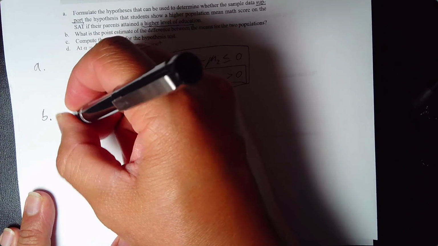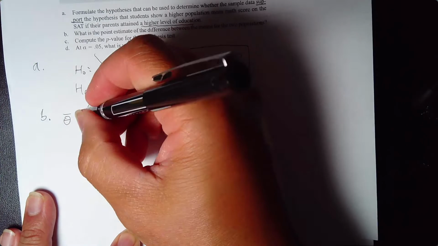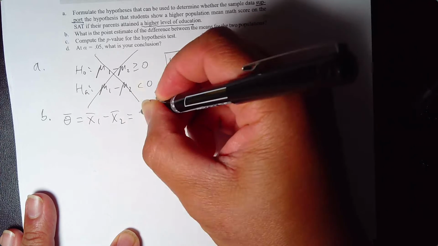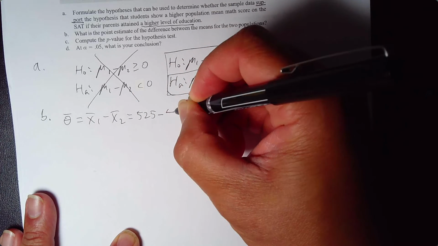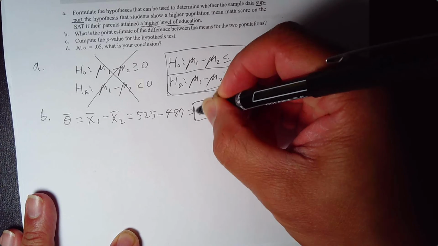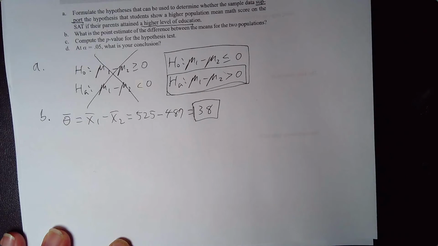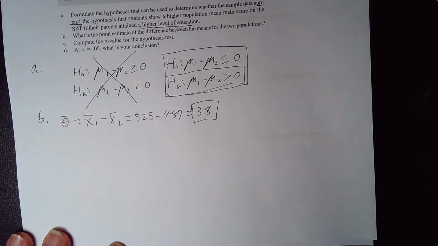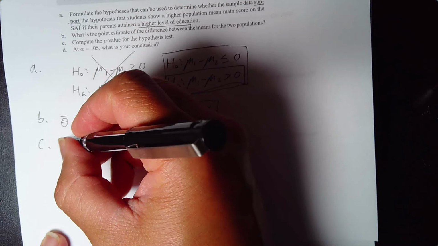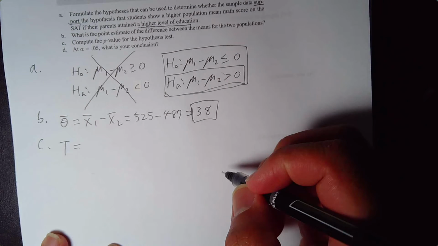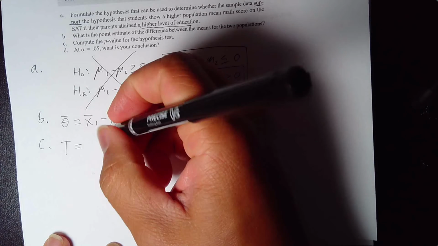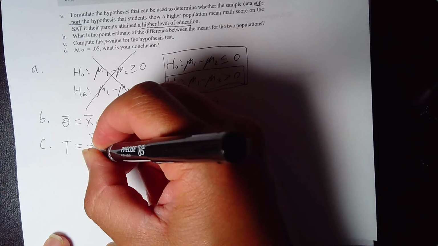So part B, what is the point estimate? Theta hat is x bar 1 minus x bar 2. That is what we observe. That is the point estimate. And then part C, we want to compute the p-value. So the first thing we need is the test statistic. In order to do that, we need the standard error first, so x bar divided by the standard error.